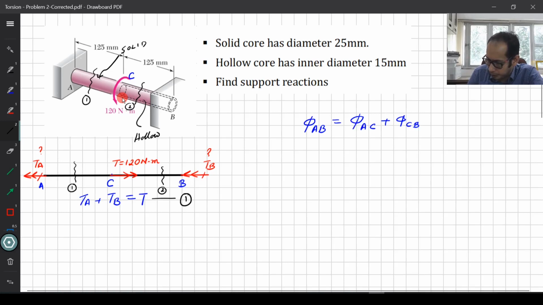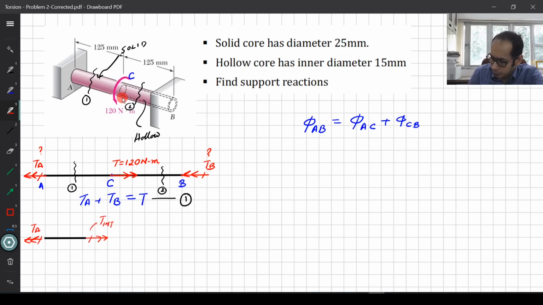I represent it like this, where at the left end I have my reaction torque TA, and at this particular end I must have an internal torque.